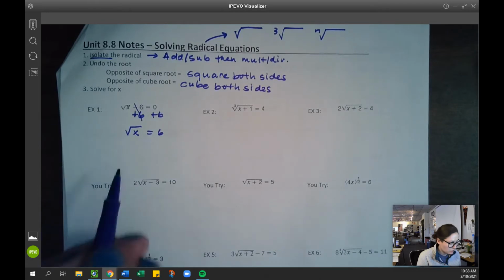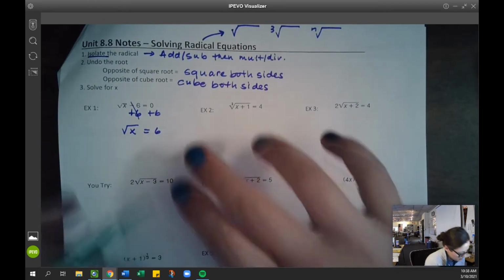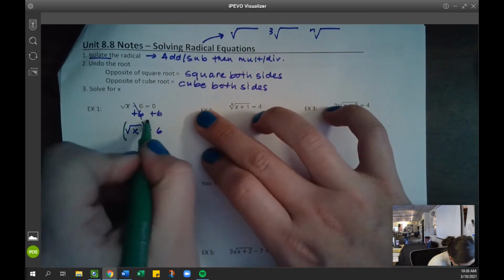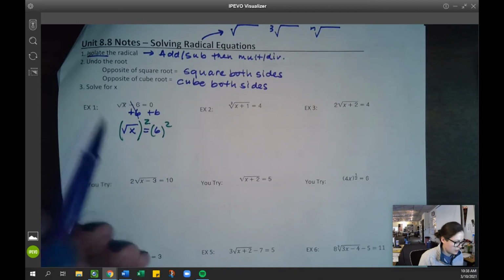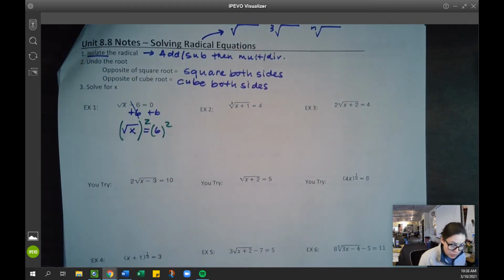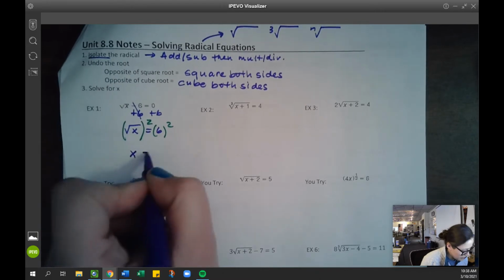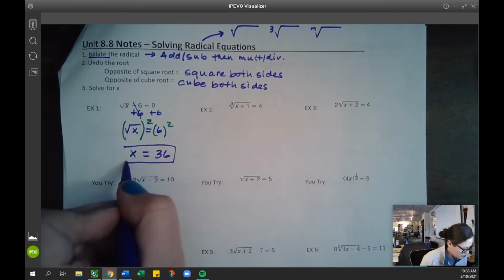So to undo the square root in example 1, I'm going to square both sides. If I square the square root of something, those undo each other, so we're just left with x, and 6 squared is 36.